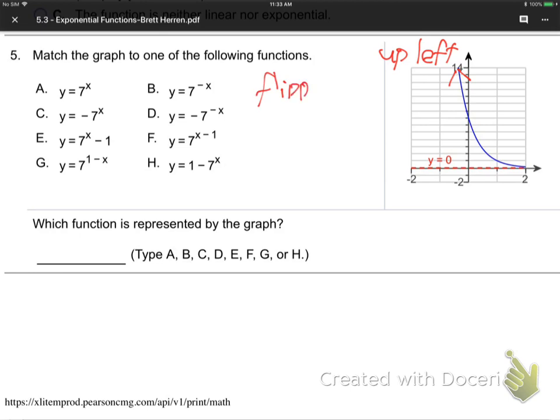Yes, flipped sideways. Has it also been flipped vertically? No, not flipped down. So it's been flipped left. We could just say left if you want, that helps. It's been flipped left and not down.